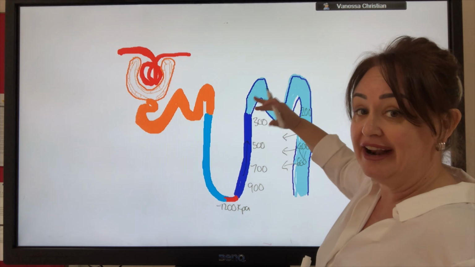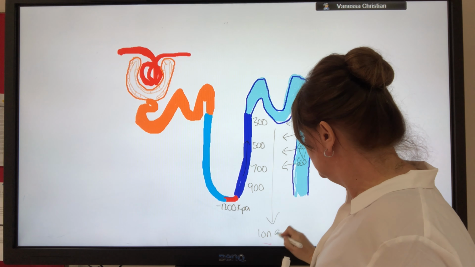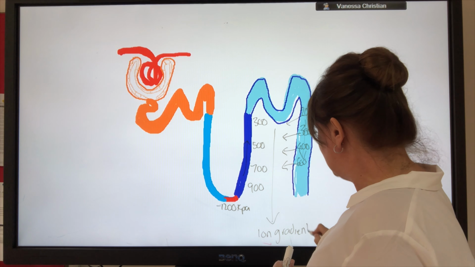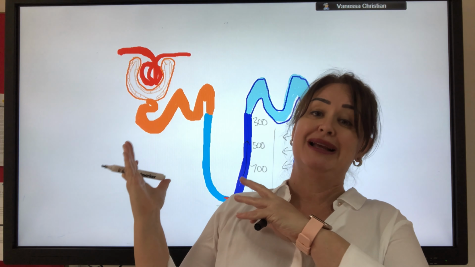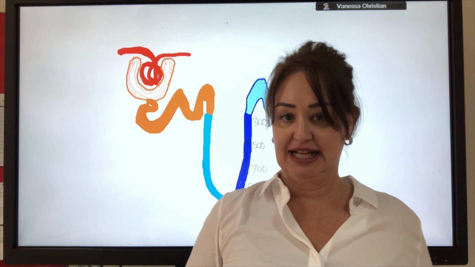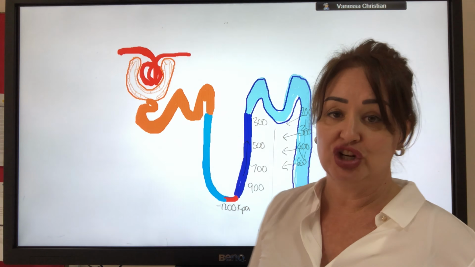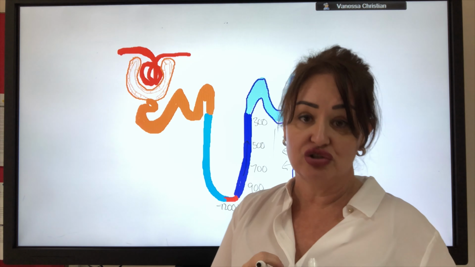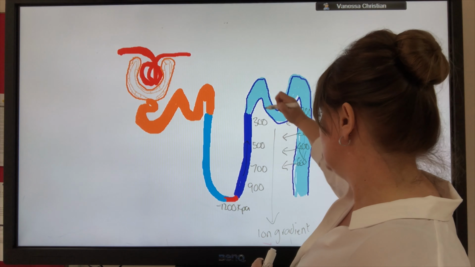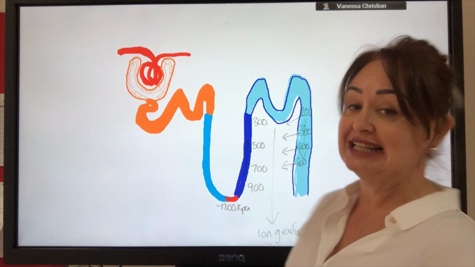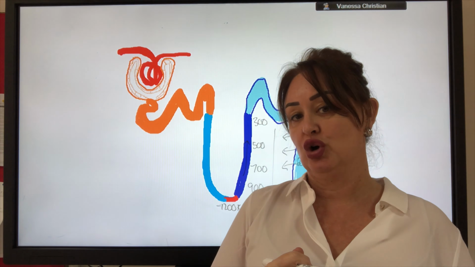Because we have a salt, an ion gradient that exists in this interstitial space, and the countercurrent mechanism ensures that the diffusion gradient is maintained along the whole length of that collecting duct. And in fact, that is why at the beginning of the video we mentioned that the length of the loop of Henle is proportional to the concentration of the urine that is made, because the longer that is, the more time there is for water to be reabsorbed.